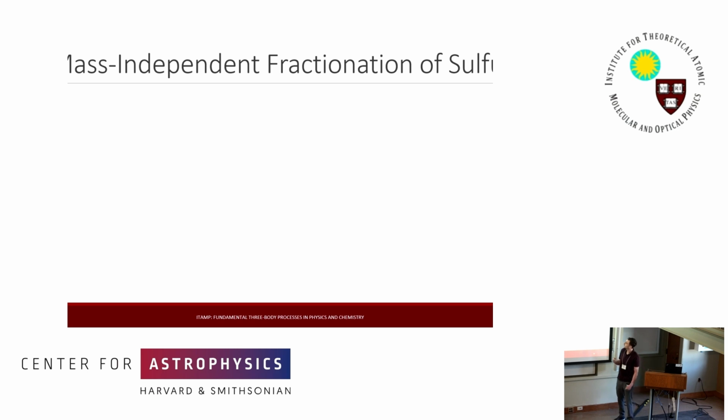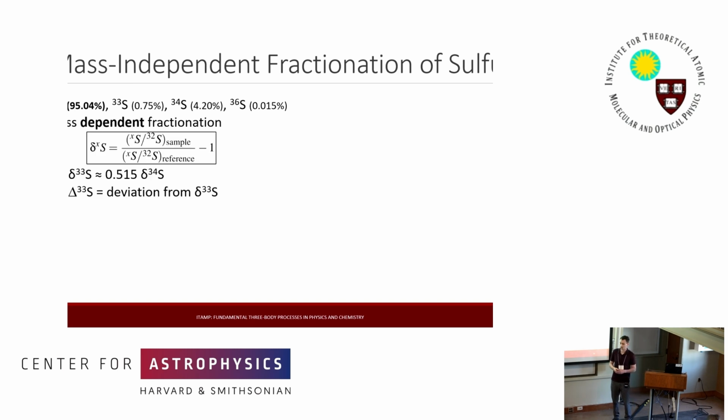Now, the reason that we're interested in sulfur recombination is because of the mass-independent fractionation of sulfur. So sulfur has 4 natural isotopes, S32 being the most abundant naturally. And so geologists have defined essentially a mass-dependent fractionation, which is the normal behavior of sulfur isotopes as they relate to S32.